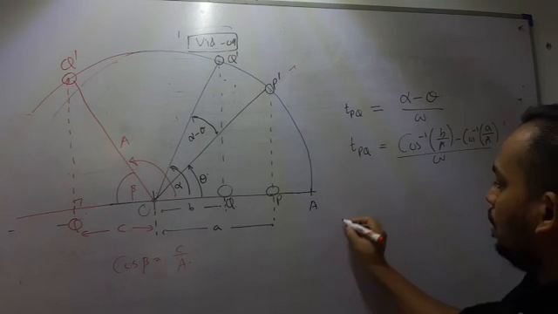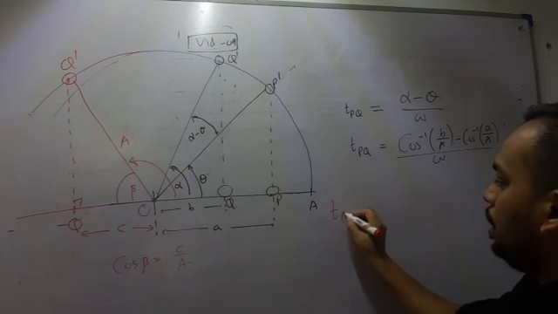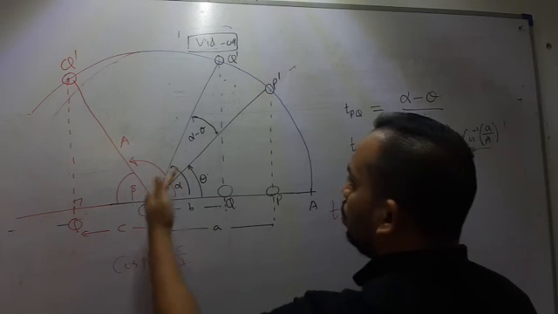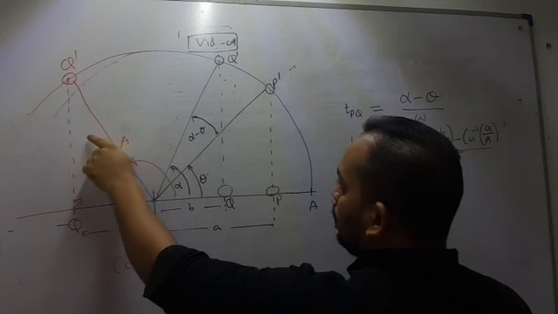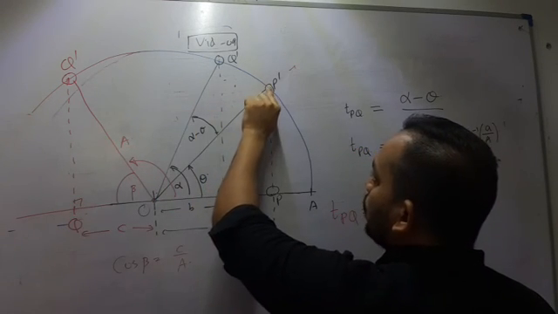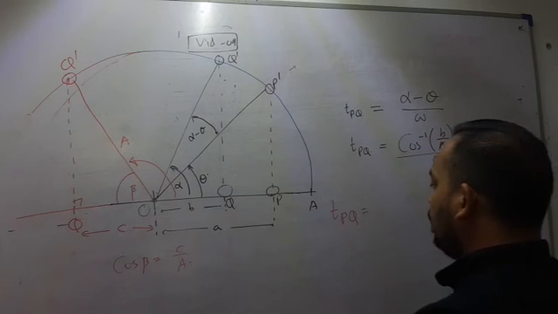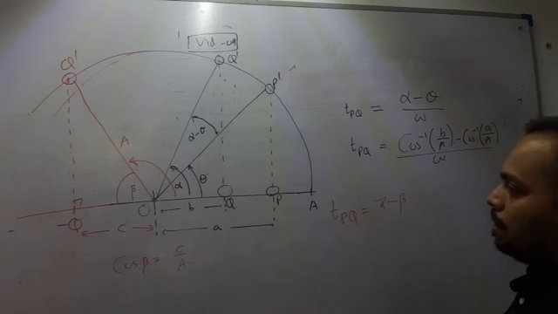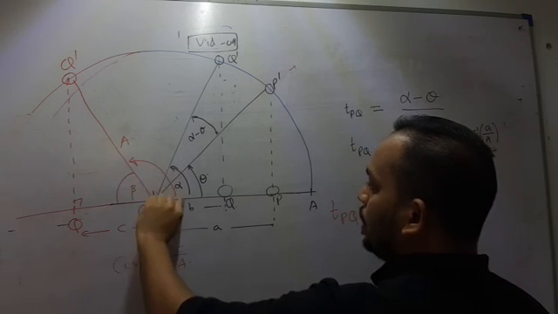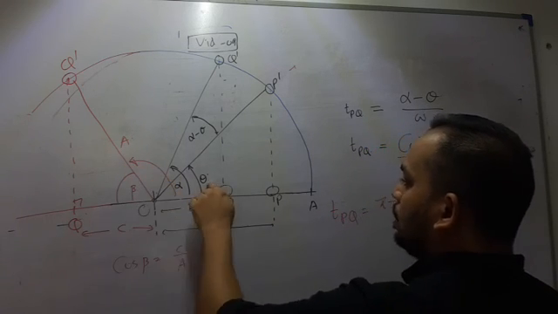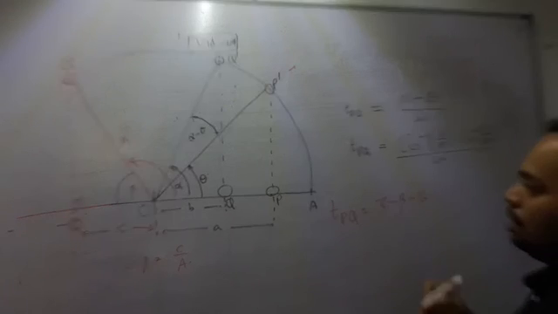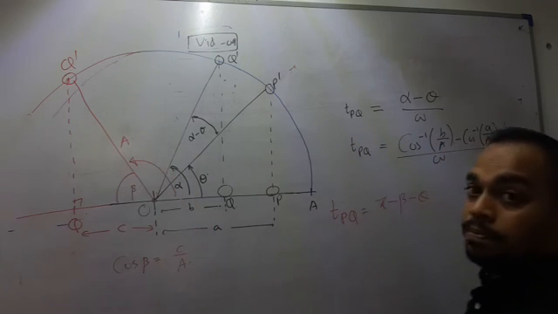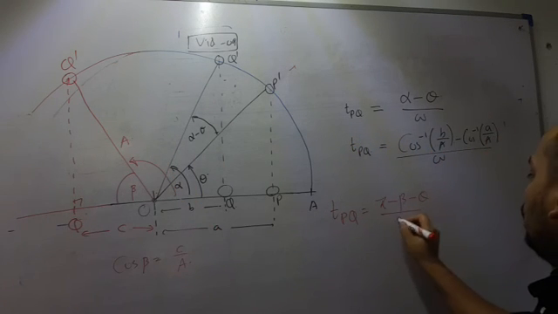Now we want to find the time from P to Q, right? To find the time from P to Q, we need to know the angle it has rotated when it moves from P dash to Q dash on a circular path. So pi minus beta is this angle with respect to the horizontal axis, minus theta, gives you this angle, divided by omega.